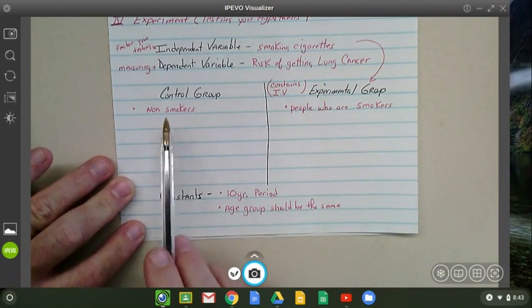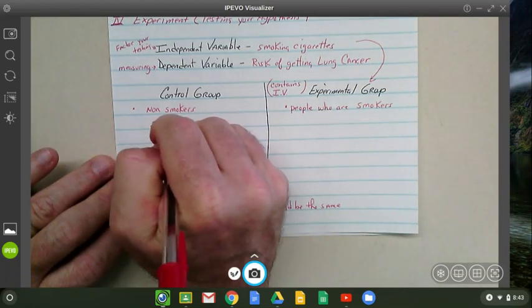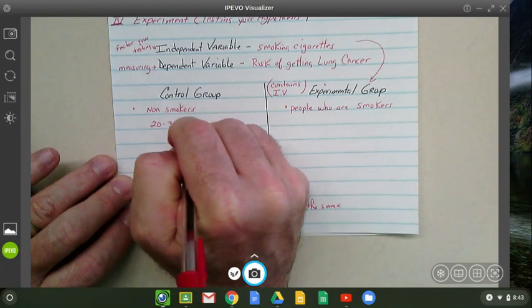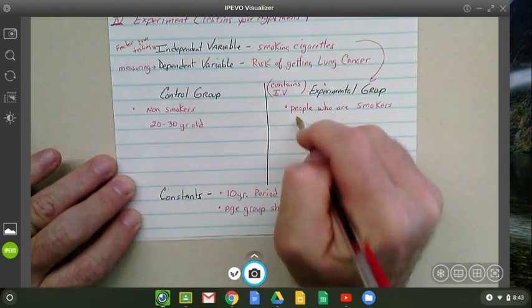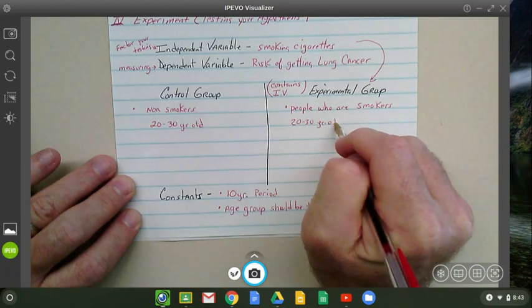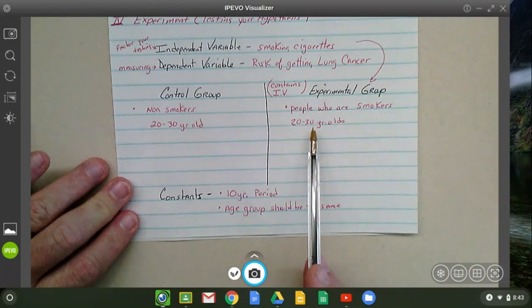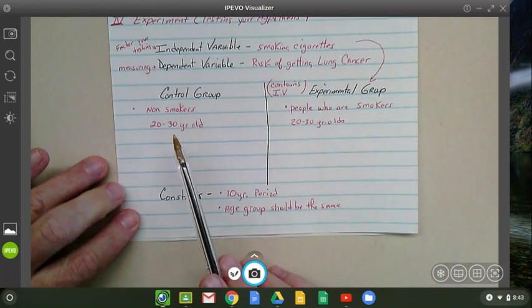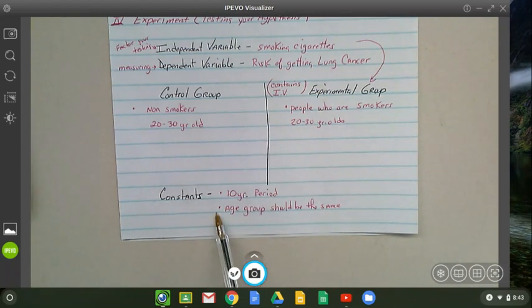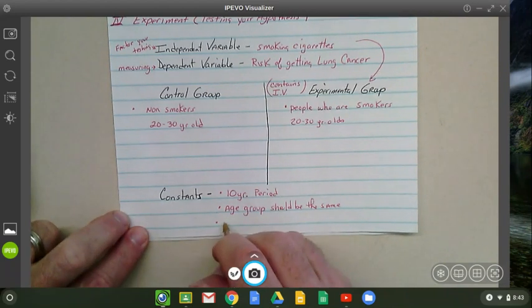So if I'm going to have a group of, let's say, 20 to 30 year olds, well, over here in this group, I should also have 20 to 30 year olds. I don't want to test a group of 70 to 80 year olds and a group of 20 to 30 year olds. That just wouldn't be accurate or valid. So we want them to be the same age. We could even say the same gender.